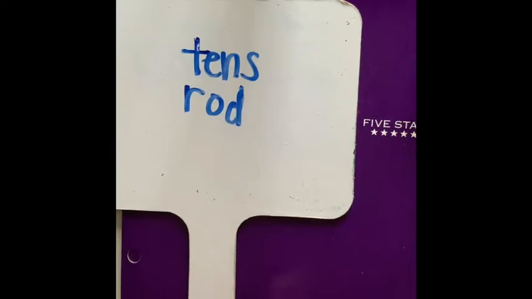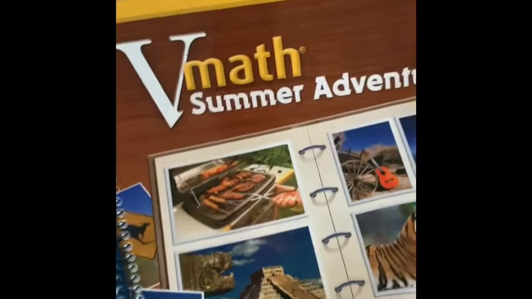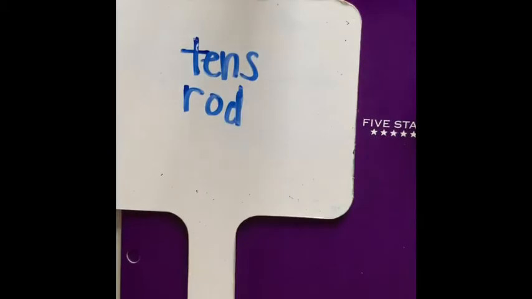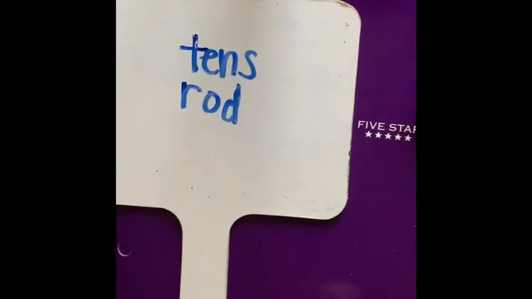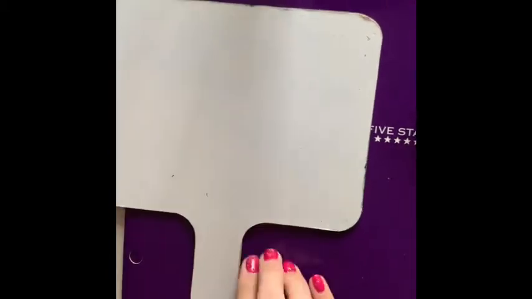All right. I think we are all set to open our student workbook. So open your V-Math Summer Adventure Student Book, and we are on page 47. So find page 47 in your book. It says, modeling numbers to 100.